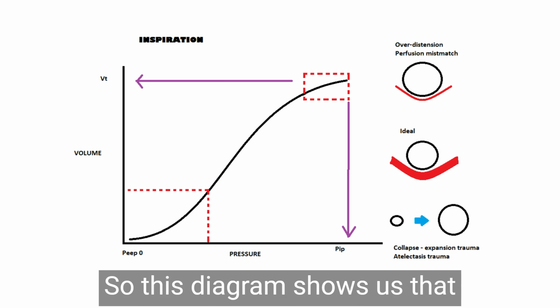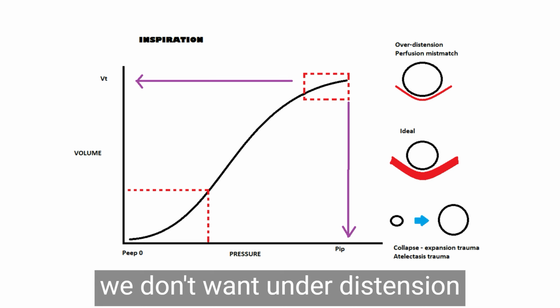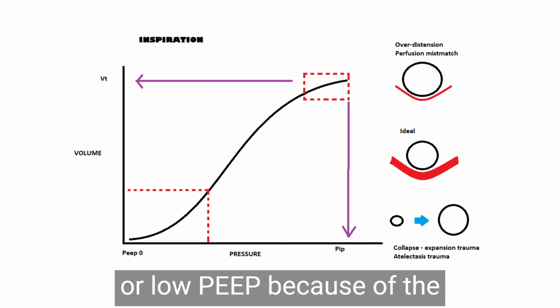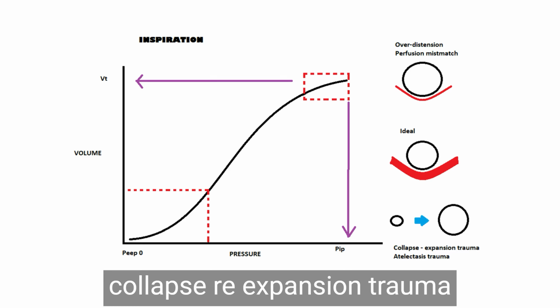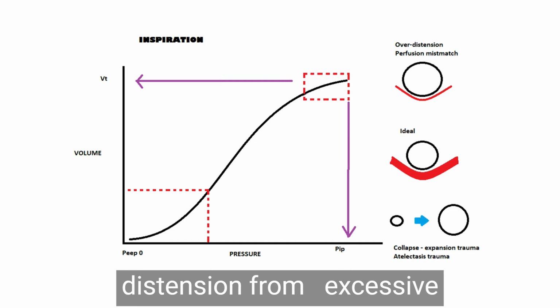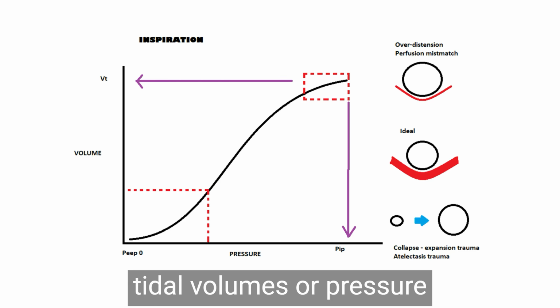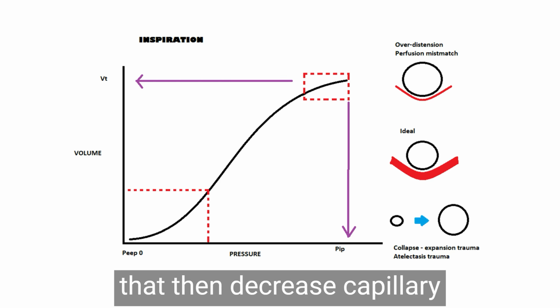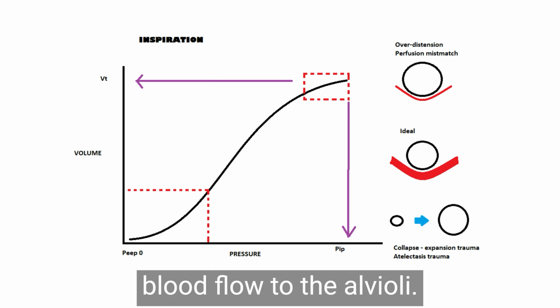So this diagram shows us that we don't want under distension or low PEEP because of the collapse re-expansion trauma that occurs in that situation. But we also don't want over distension from excessive tidal volumes or pressure that then decrease capillary blood flow to the alveoli.